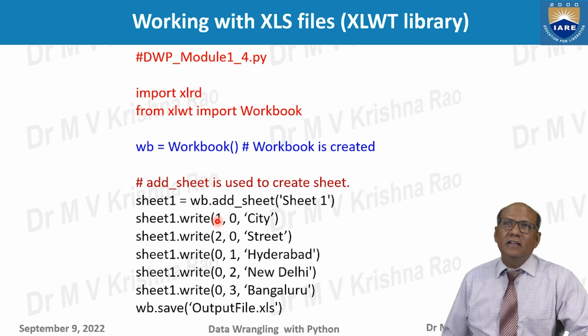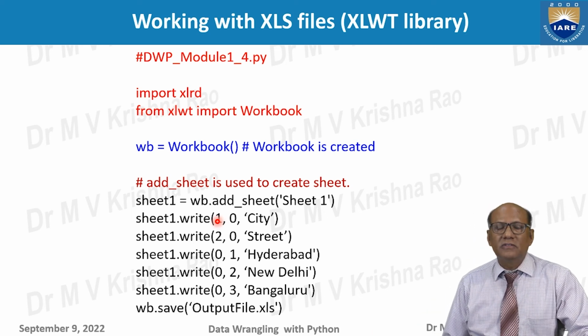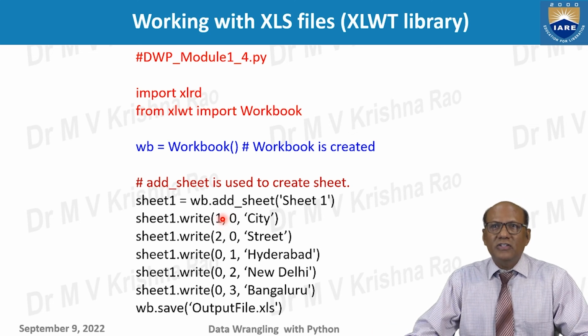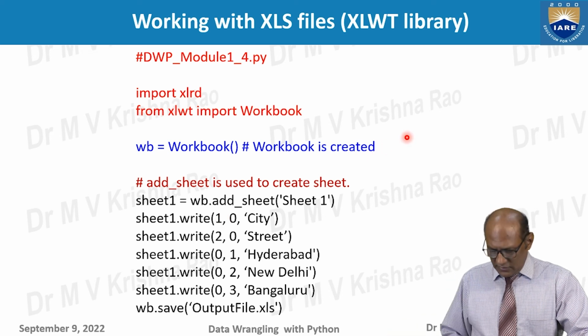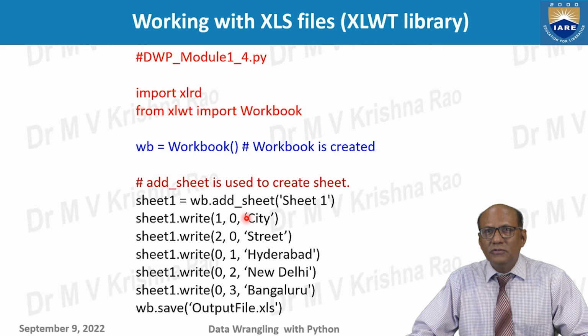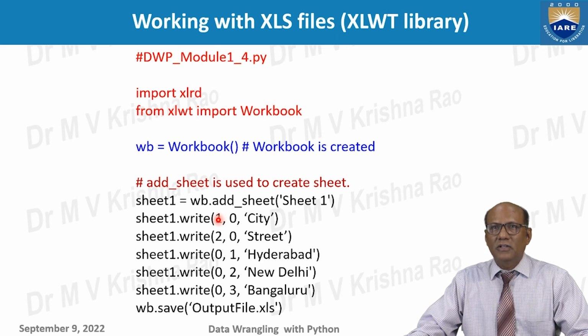So the indexing in Python starts from 0, 0, 1, 2, 3. So here it means leave the first column, take the 0th column. The 0th column means this is the 0th column, you store this in the 0th row, this is the 0th row, first column, 0th row, second column.